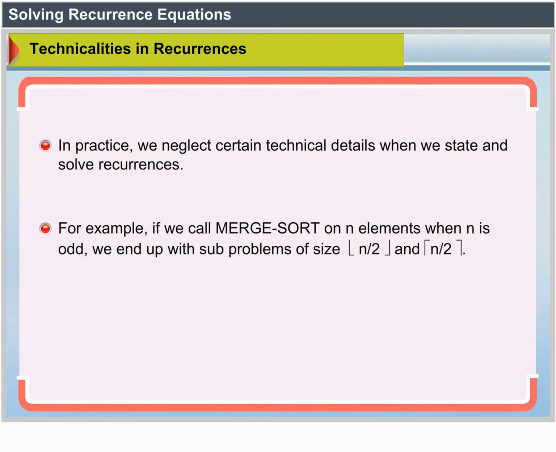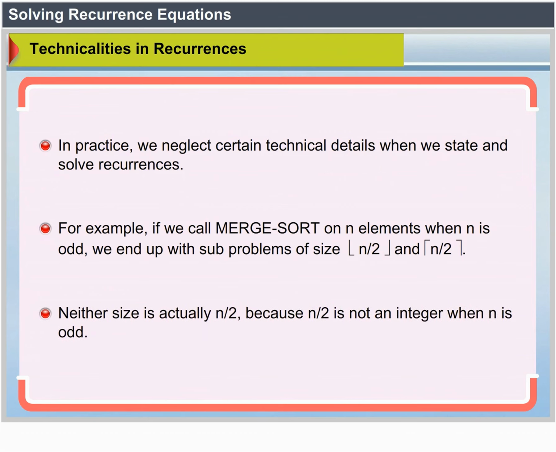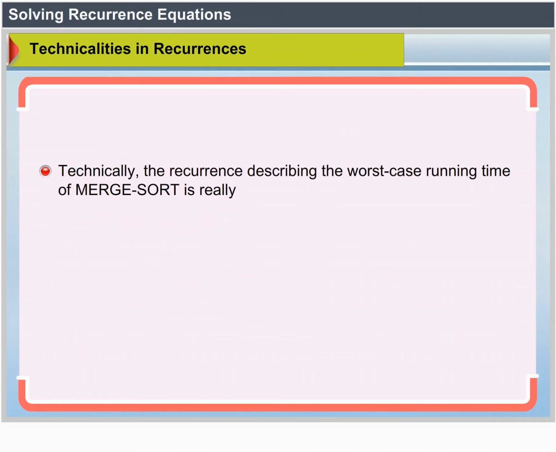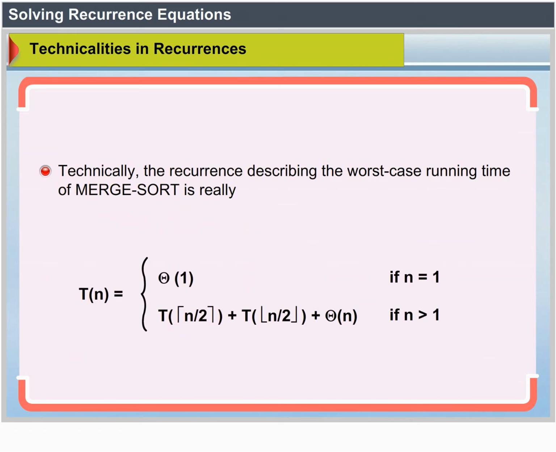Neither size is actually n by 2 because n by 2 is not an integer when n is odd. Technically, the recurrence describing the worst case running time of merge sort is really T of n equal to theta of 1 if n equal to 1, T of ceiling of n by 2 plus T of floor of n by 2 plus theta of n if n greater than 1.